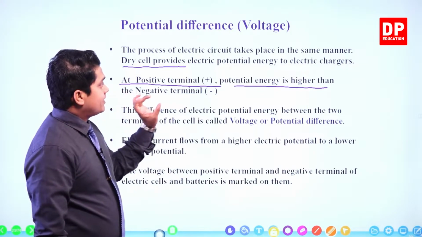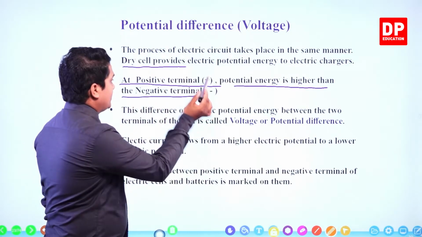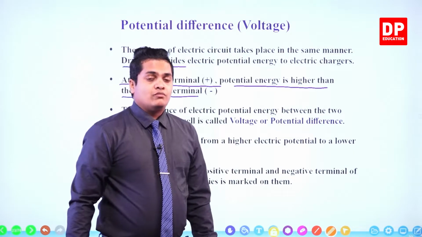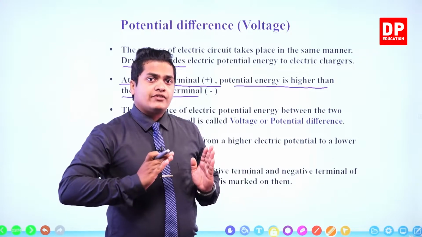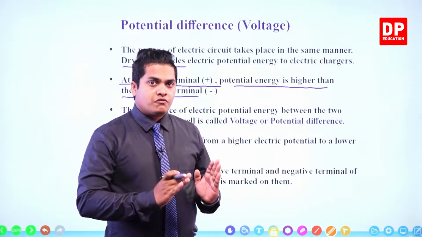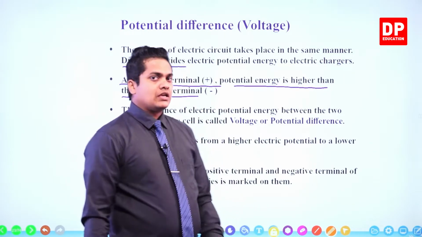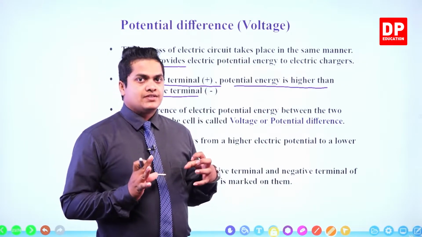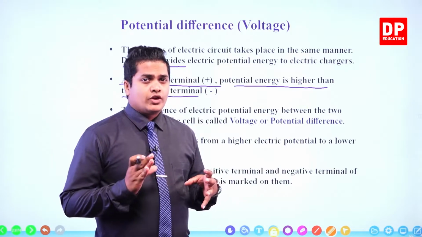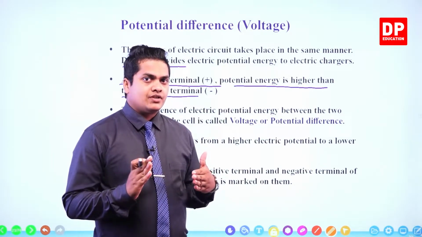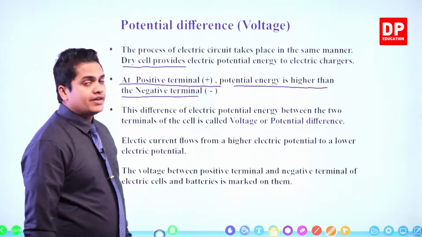So the potential energy at the positive terminal is higher than at the negative terminal, right? That's why the electrical charges move from the positive terminal towards the negative terminal, my dear children. This is the specialty in electrical circuits. That's why the electric current also flows from the positive terminal to the negative terminal, because at the positive terminal, potential energy is higher than at the negative terminal.